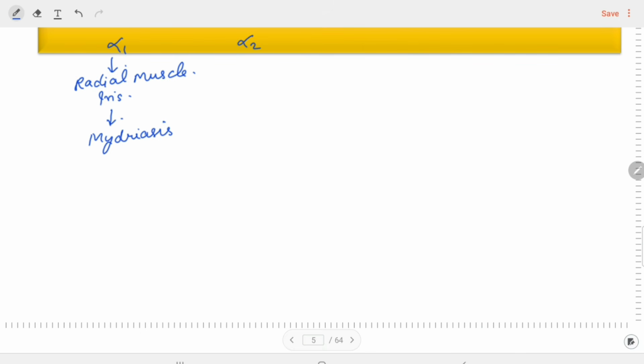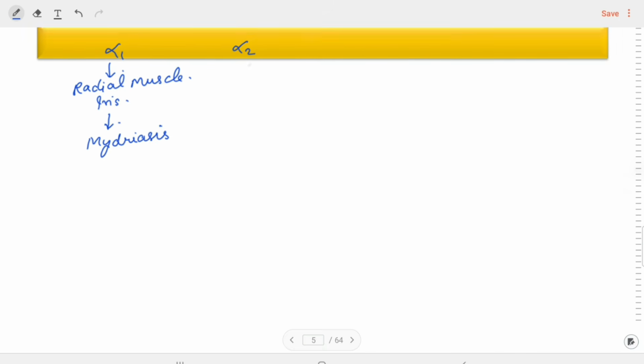On the other hand, alpha 2 receptors are present in the ciliary epithelium, and alpha 2 is activated through the Gi subunit.